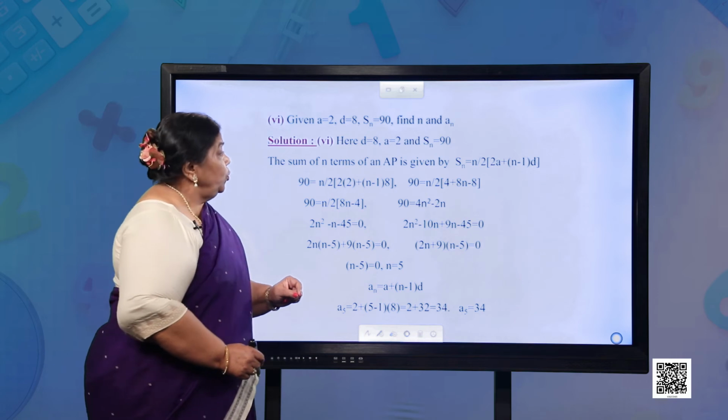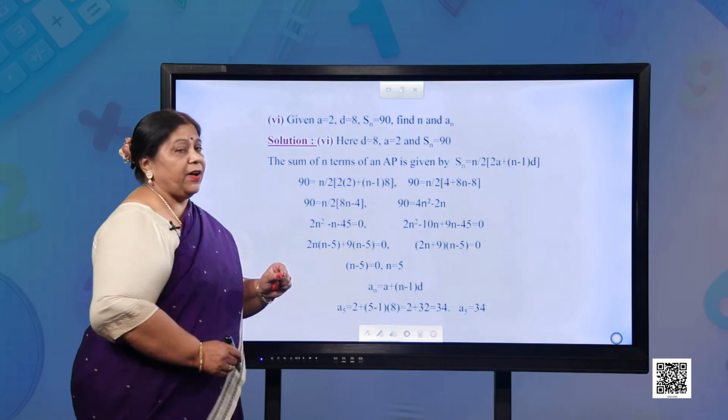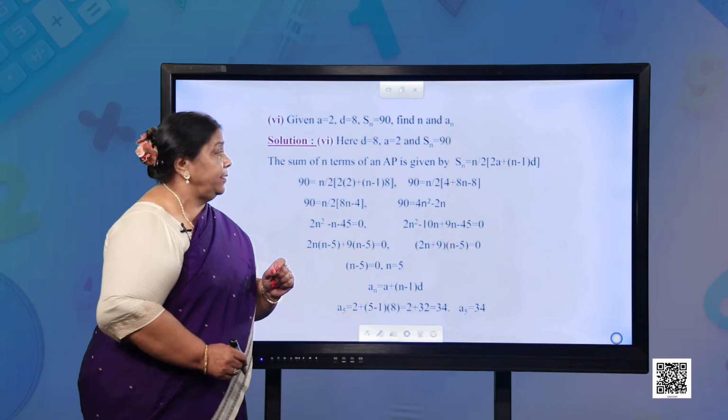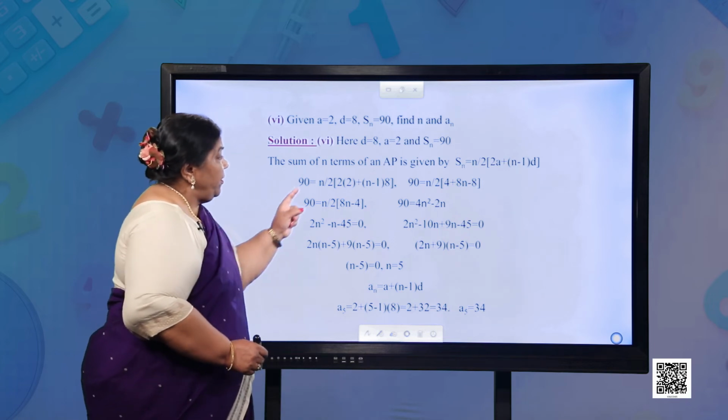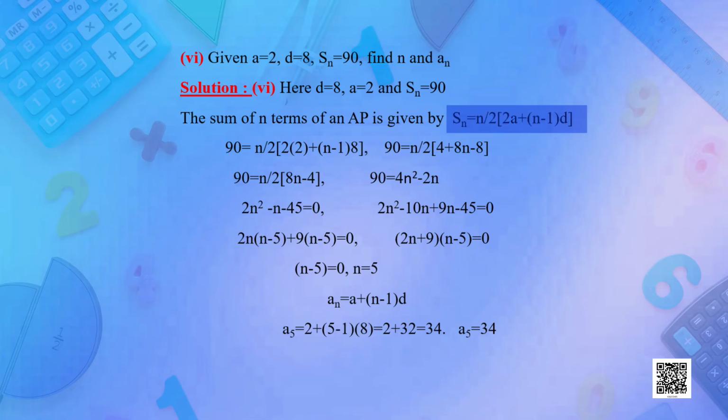A is given as 2 and D is 8, Sn is 90. We are supposed to find n and An. So, the sum of n terms of an AP is given by the formula Sn is equal to n upon 2 into 2A plus n minus 1 into D. Here on substituting, 90 is equal to n upon 2 into 2 into 2 plus n minus 1 into 8.